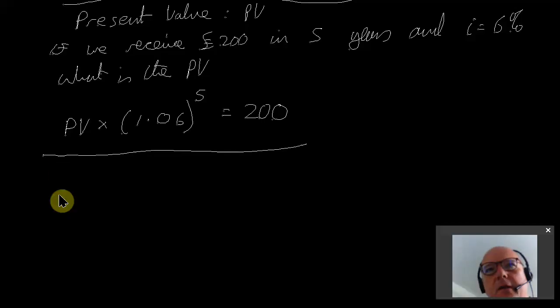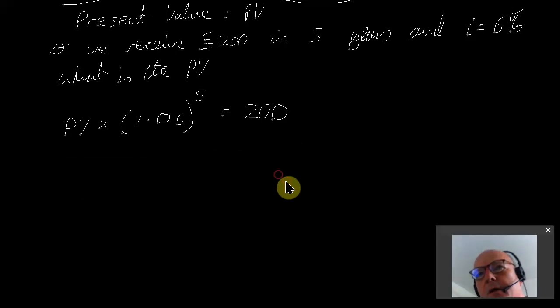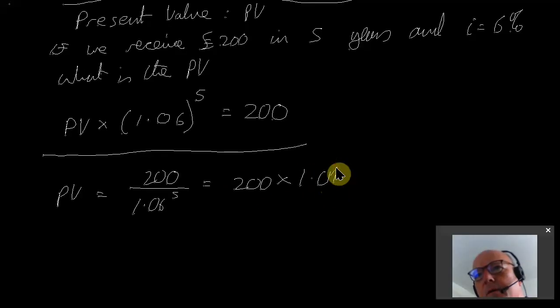So the present value is equal to 200 over 1.06 to the power of 5, or 200 times 1.06 to the power of minus 5. Hopefully you realize that's not the same as 0.94 to the power of 5. So what is that? That's fairly easy now to work out. It equals 200 times 1.06 to the power of minus 5, which is £149.45.